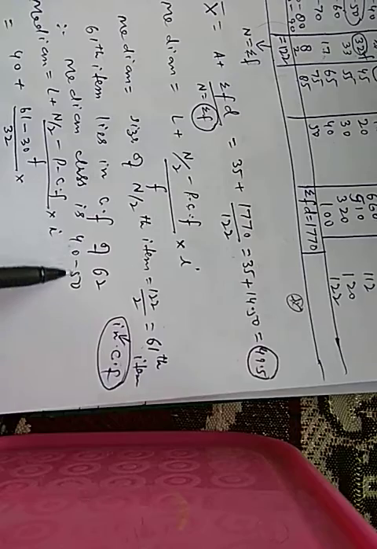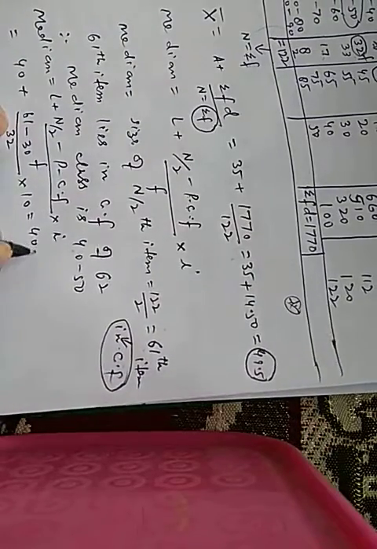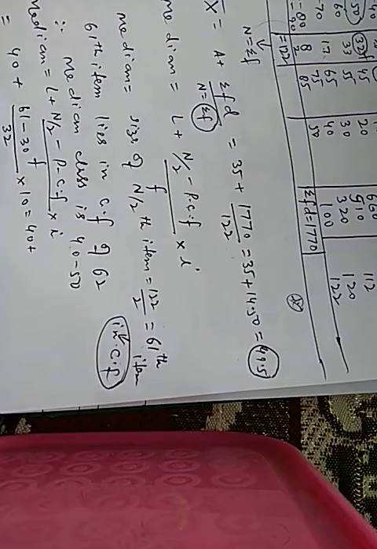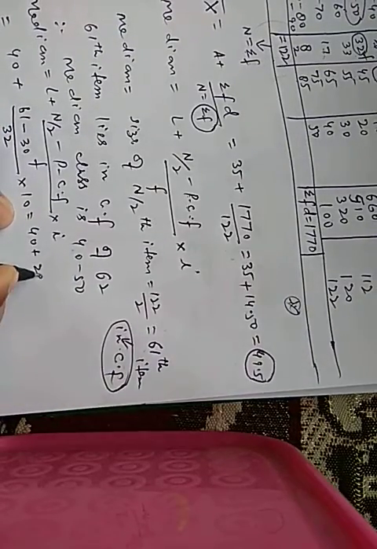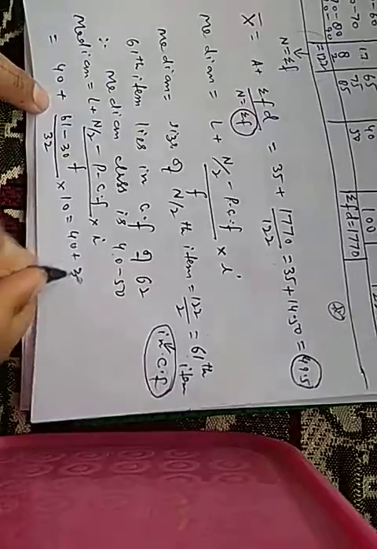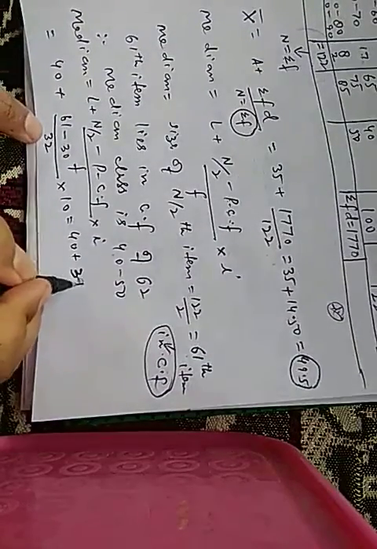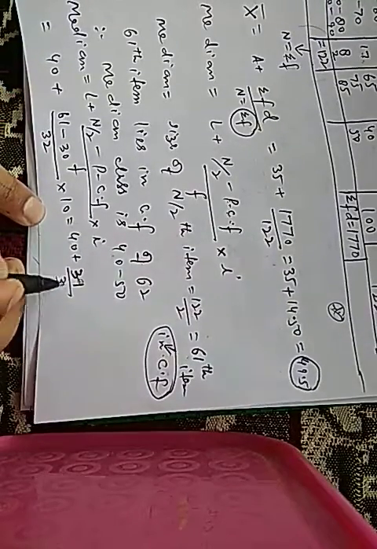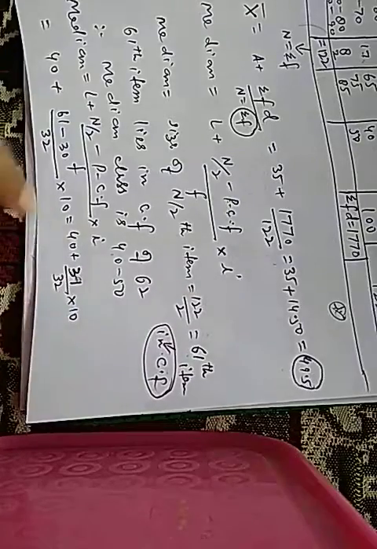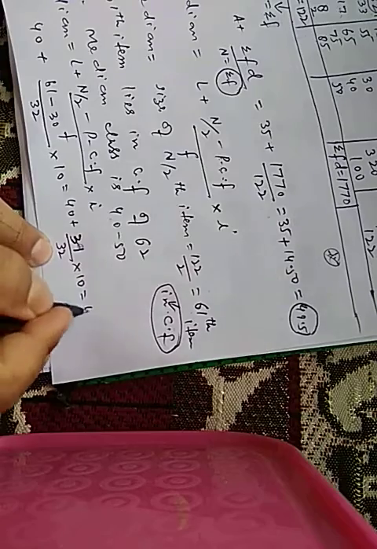The difference between 40 and 50 is 10. It will be equal to 40 plus 61 minus 30, which is 31, divided by 32 multiplied by 10.